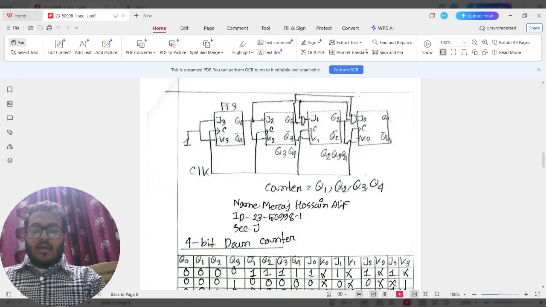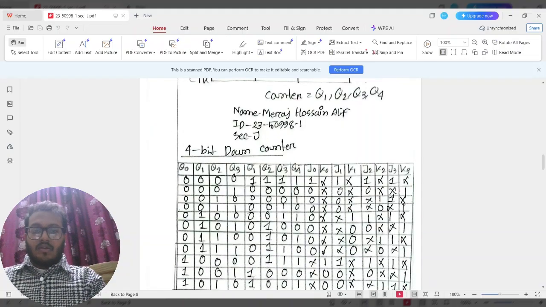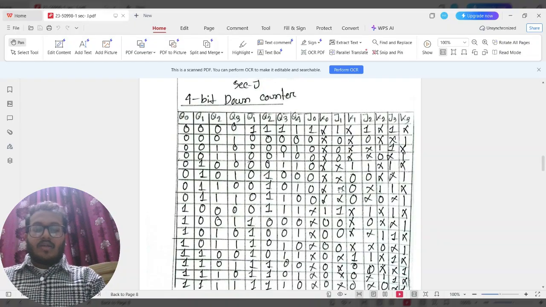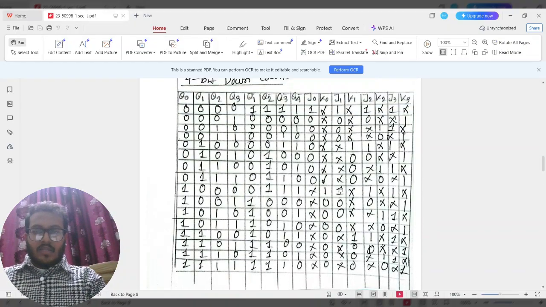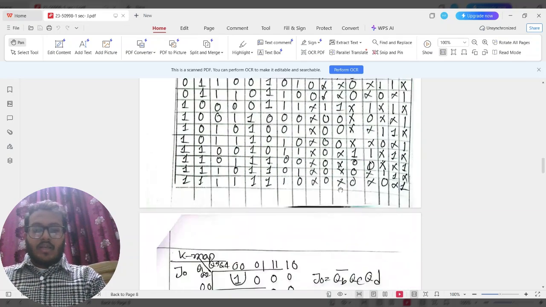I designed the 4-bit up counter architecture with the clock pulse and four outputs, Q1, Q2, Q3, and Q4. And also I write a 4-bit down counter, and the outputs will be J0, K0, J1, K1, J2, K2, and J3 and K3.